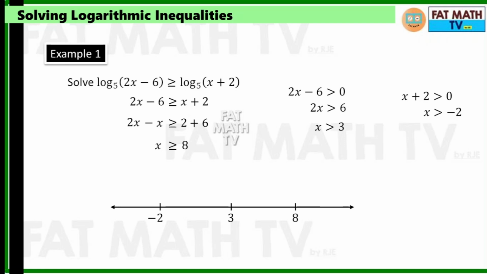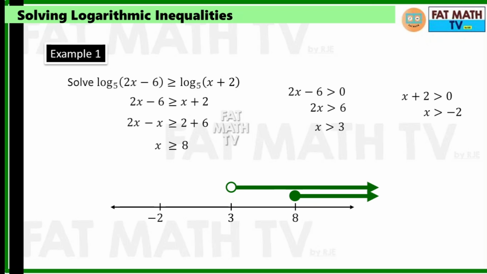Okay, let's have x is greater than or equal to 8. That is all numbers greater than or equal to 8. So from 8, we have here an arrow from 8 going to positive infinity. We're using here a solid circle because we have here greater than or equal to 8. So 8 is part of the solution. For the second one here, x is greater than 3. So we have this arrow.